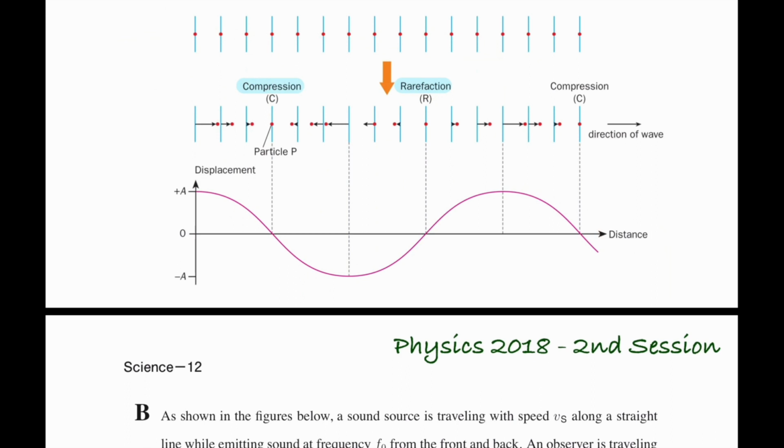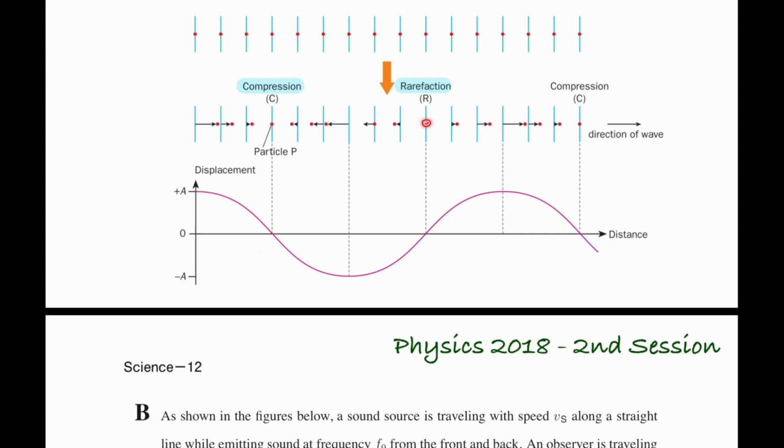As you can see here, this red dot is on its position, or I can say that this red dot is not moving. Even though a longitudinal wave travels through that medium, this red dot is not moving. That's the position of compression.